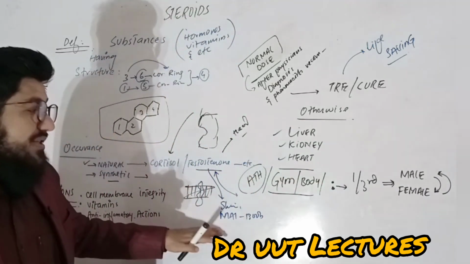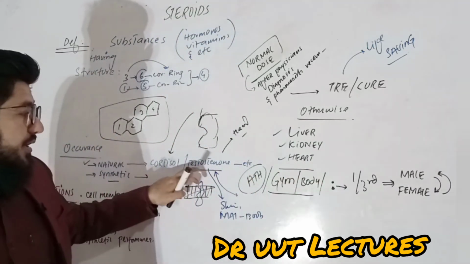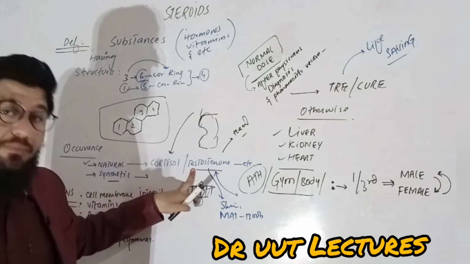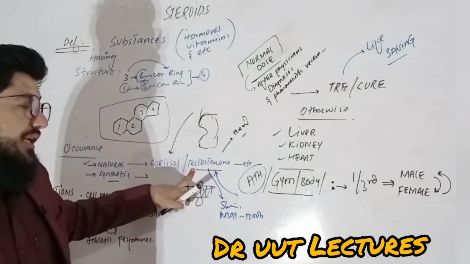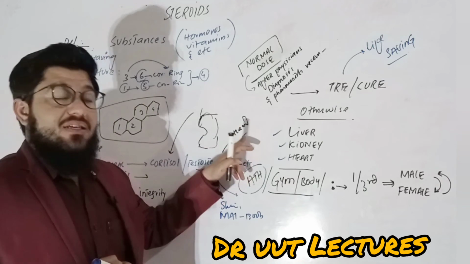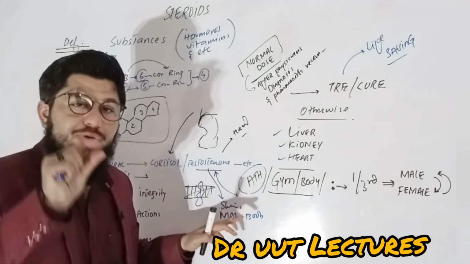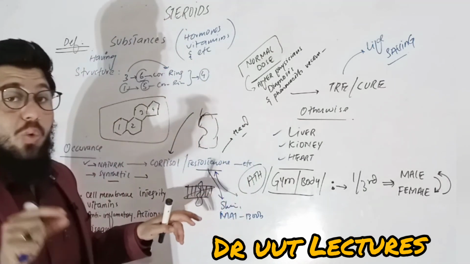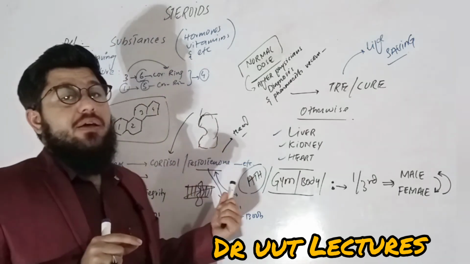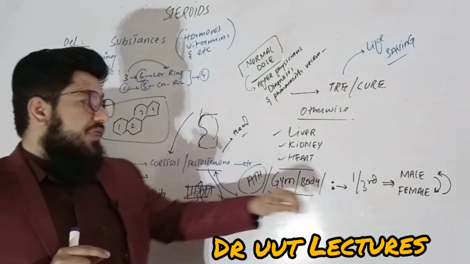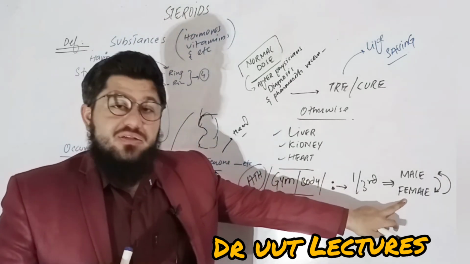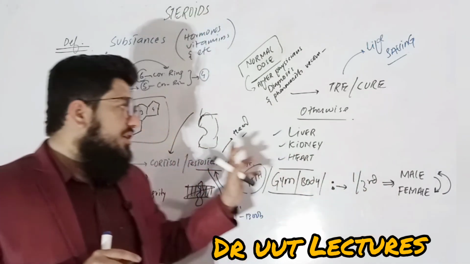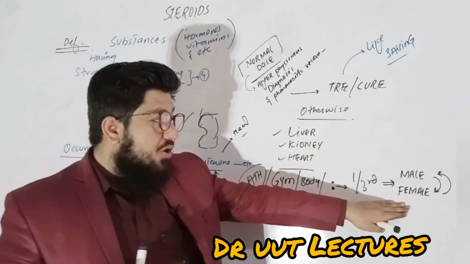And what is it doing to the female? The same testosterone is available in the female. We talked about this earlier, that cells are there to synthesize testosterone in a very small, minute quantity. But what if they start consuming this testosterone? The concentration in the body will increase. And this increased concentration in the female will cause changes.